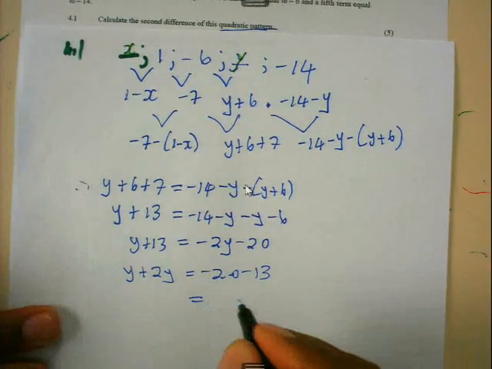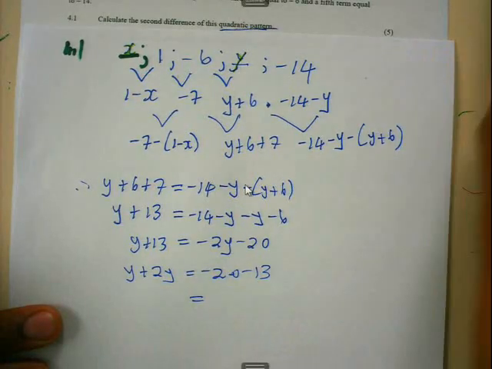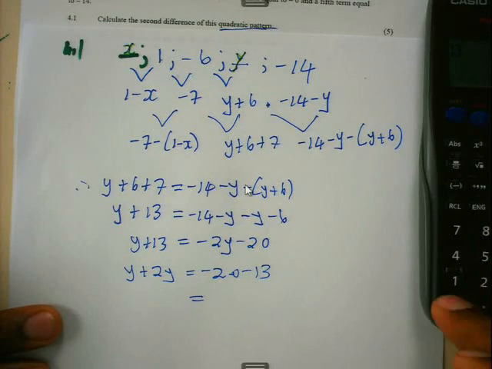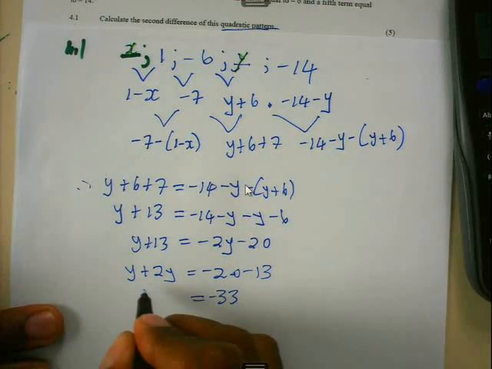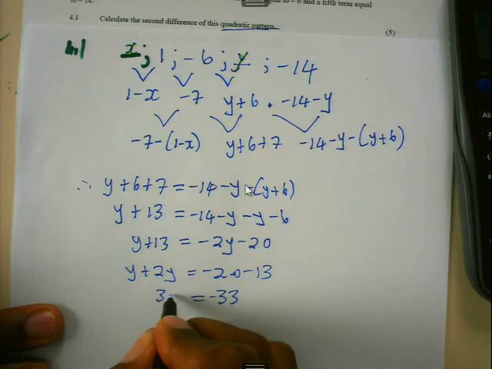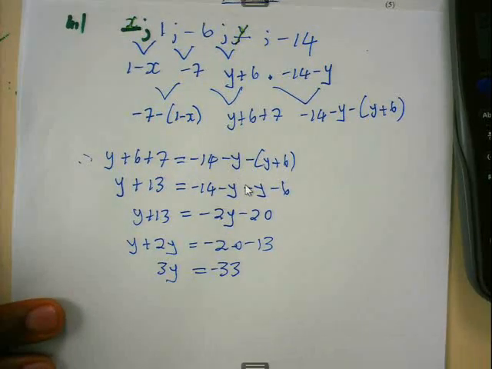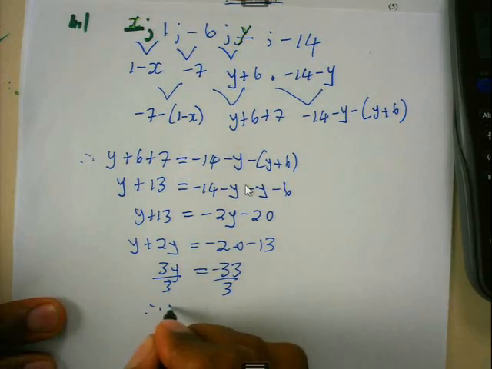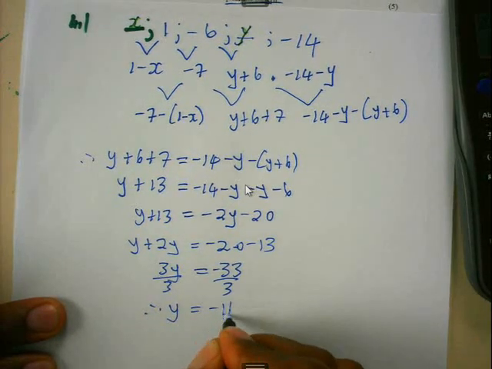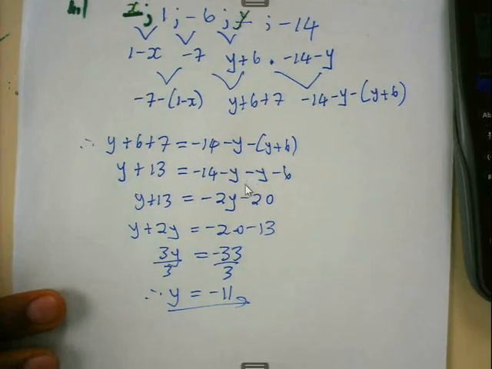Now we say 20 plus 13, of course, we get 33, but of course, the sign is negative. Y plus 2y is 3y. Then immediately after this, divide by 3. Therefore, I can now say y is equal to negative 11.